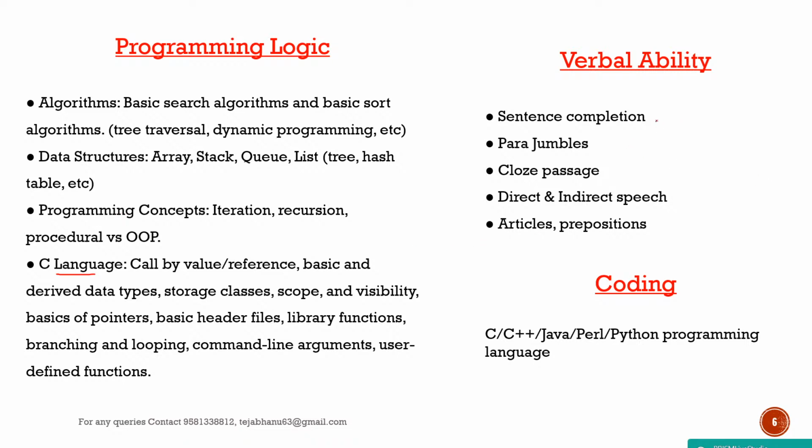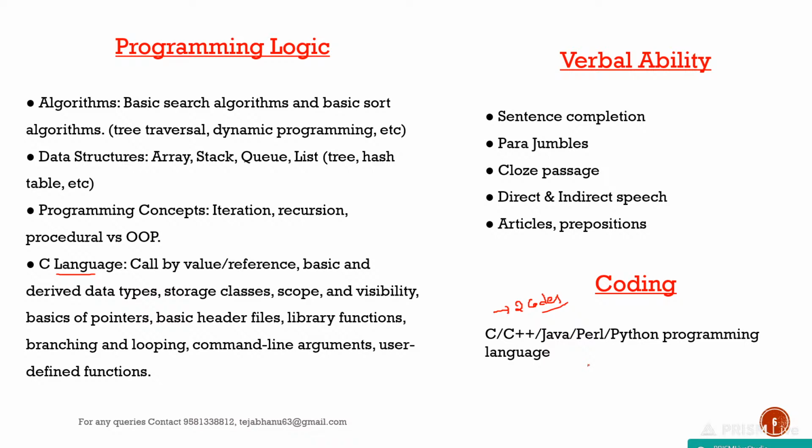Next, after that, verbal: sentence completion, parajumble, close test, direct and indirect speech, articles and prepositions. Whereas coming to coding, we have two codes actually. The partial execution of two codes is entertained, or full execution of one code with the highest plagiarism is okay.